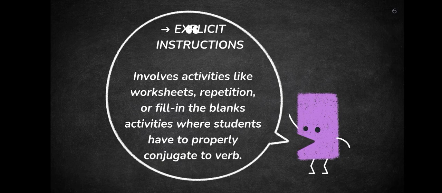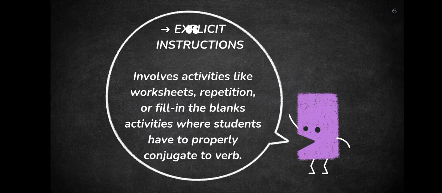Increased modeling, regular opportunities for pupils to respond, and both guided and autonomous practice are all among the well-examined instructional behaviors. So when teachers tell students what they need to do through straightforward explanations and sharing and also modeling new knowledge, they are providing explicit instruction.